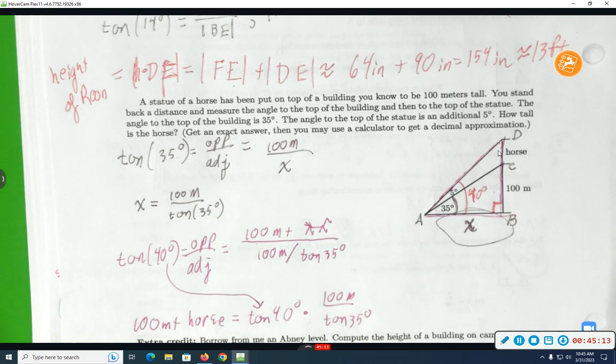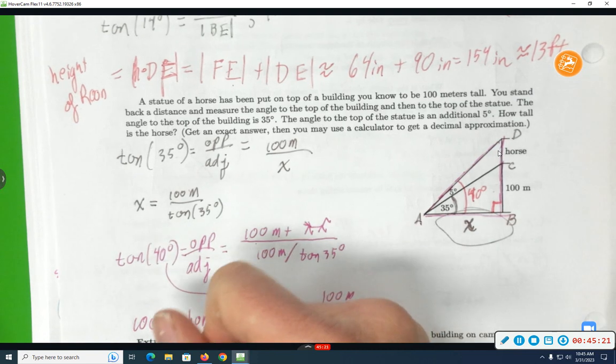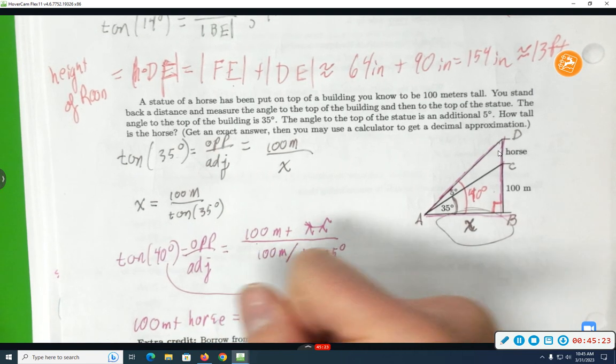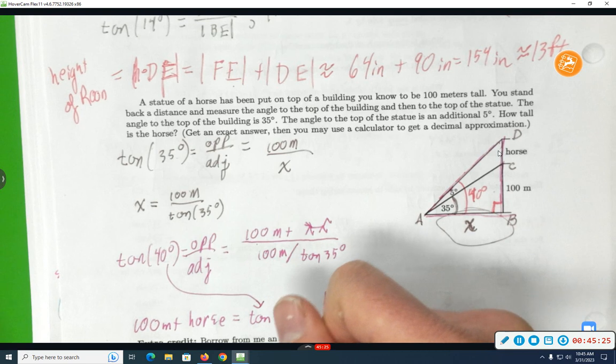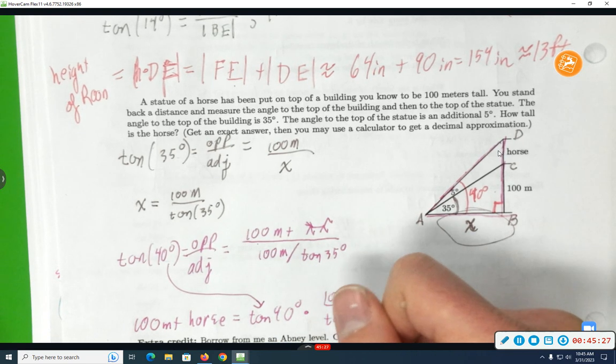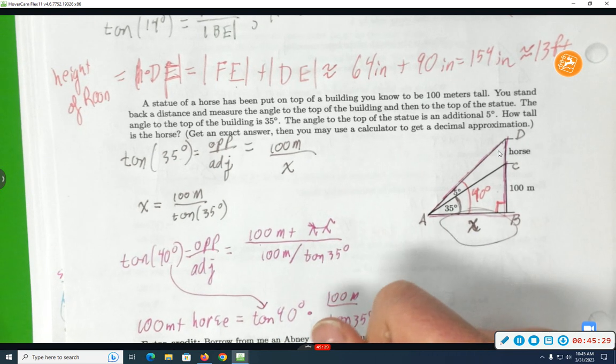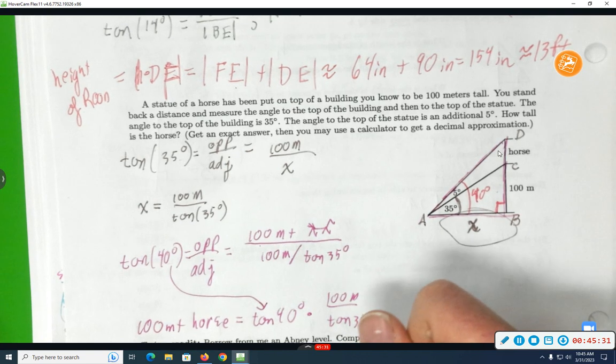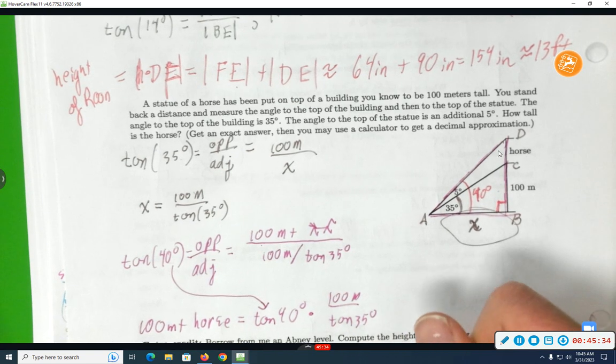So what you need to do if you want to know what force is: subtract 100 from whatever's on the other side. Force equals tangent 40 degrees times 100 meters divided by tangent 45 degrees, minus 100 meters.